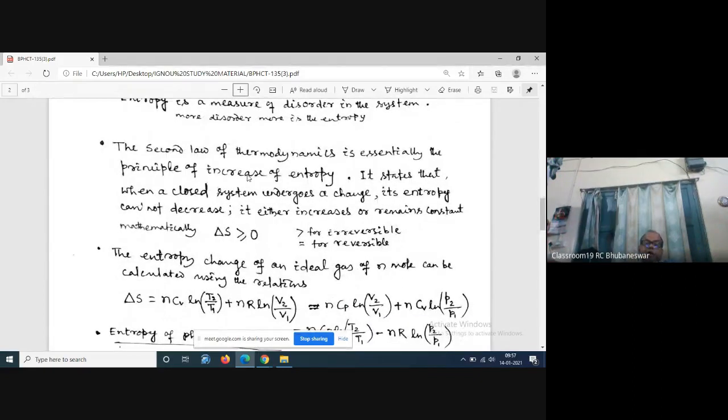Now go for the second law of thermodynamics. The second law of thermodynamics is essentially a principle of increase of entropy. It states that when a closed system undergoes a change, its entropy cannot decrease. So when a closed system changes, its entropy cannot decrease. It either increases or remains constant.